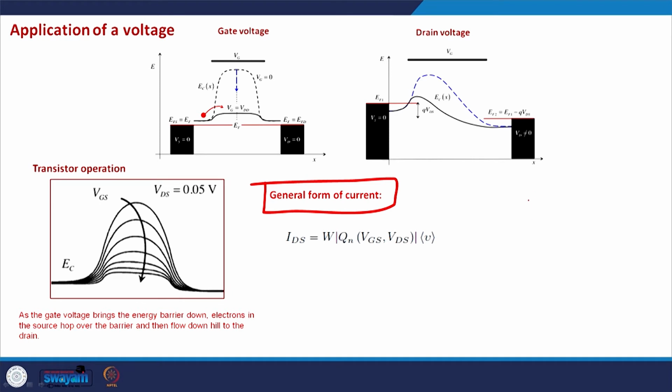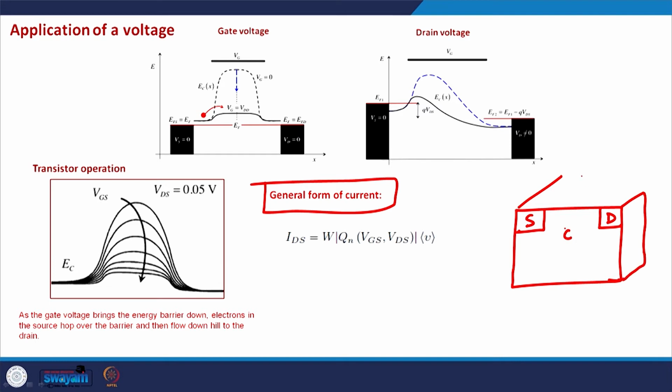So ultimately the MOSFET is like this: we have source, we have drain, we have the channel, but in addition to this, this is actually a 3D thing.